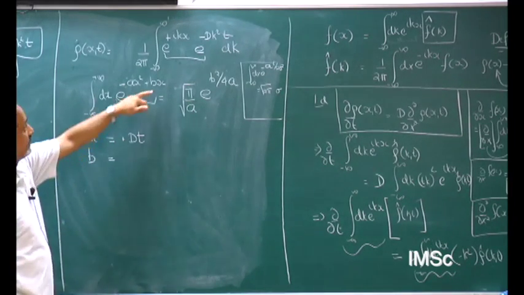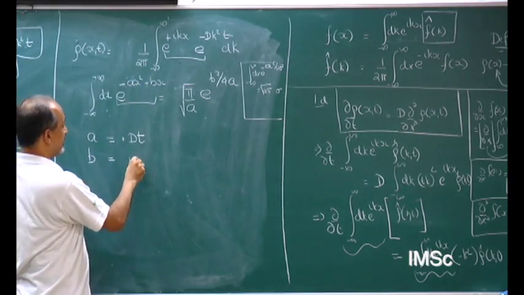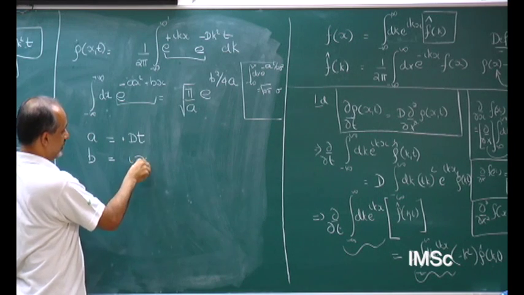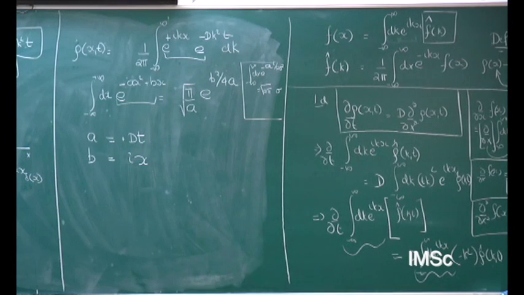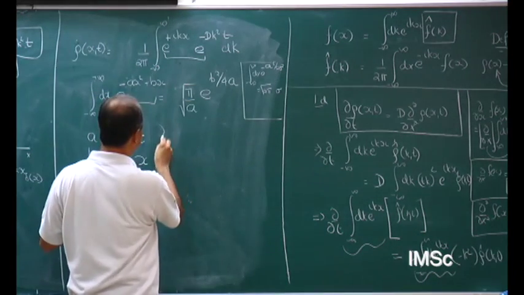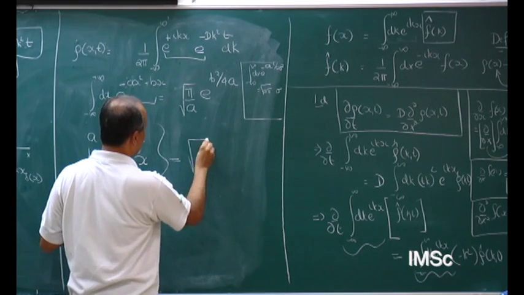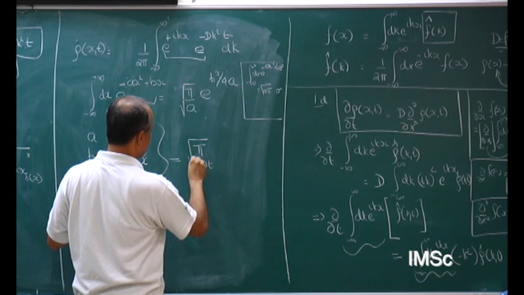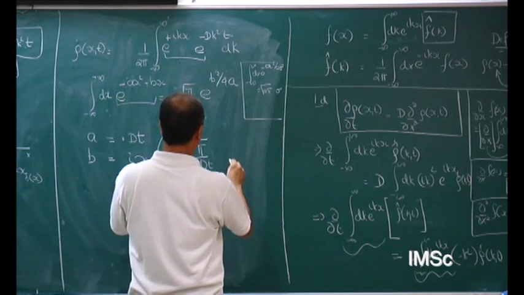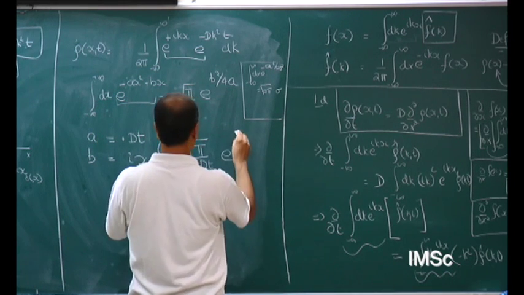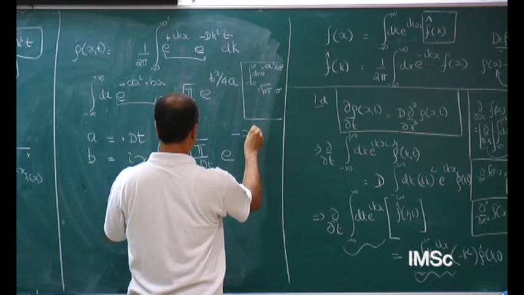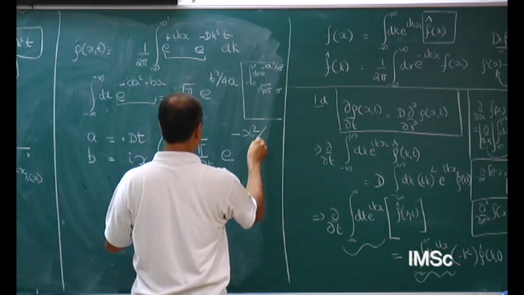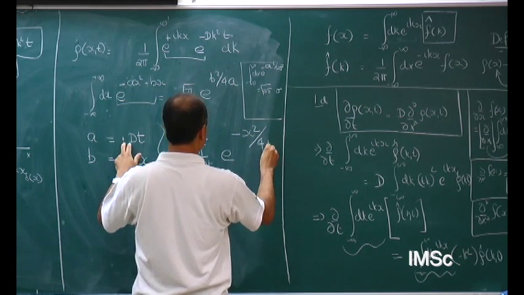B again, look here, it is ik times x. Okay. So then what should the answer be on the right hand side? This integral then is square root of pi divided by a, which is d times t, e to the power b squared, which is minus x squared divided by 4 times a, which is 4 times d times t.